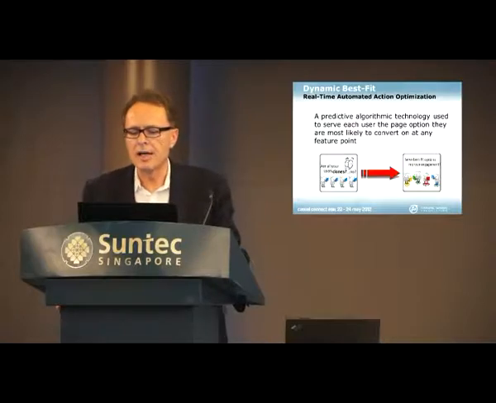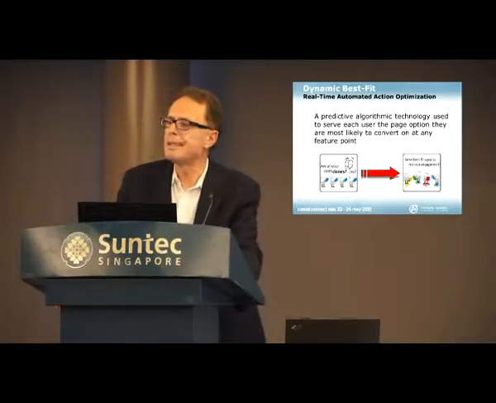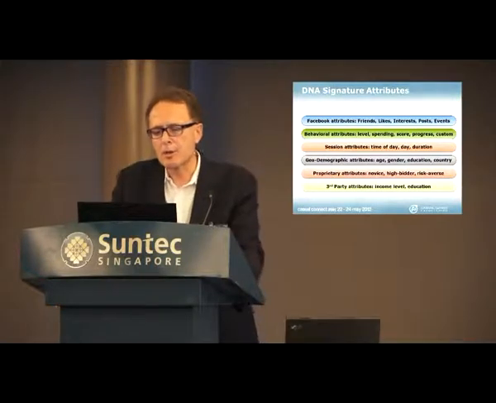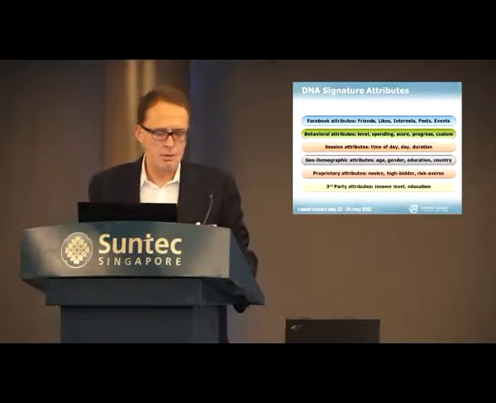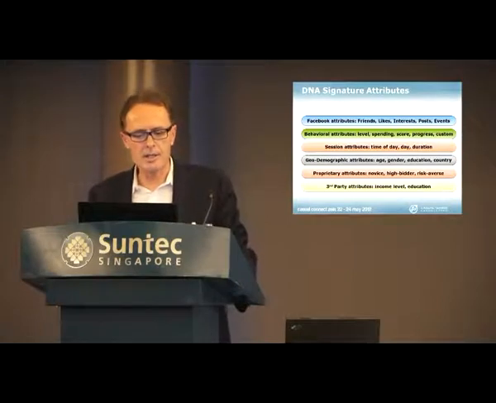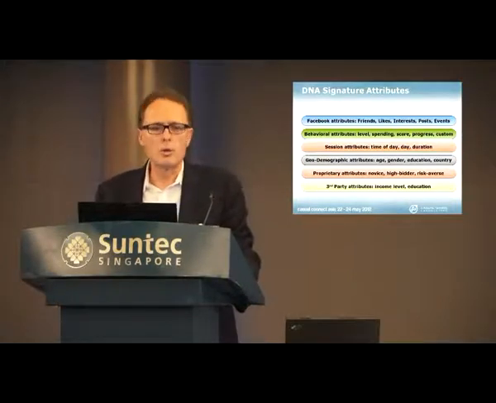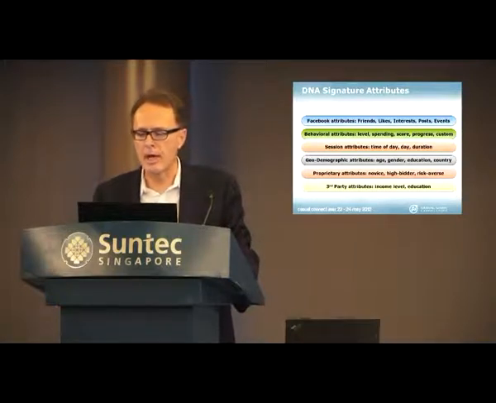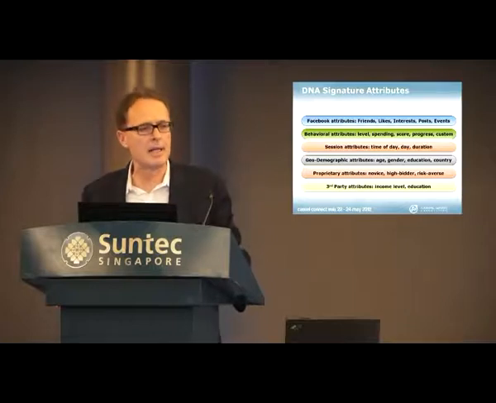First, we need to define what DNA signatures are and what user attributes make up DNA signatures. So take a close look at these. It can include quite a broad range: behavioral, social, session, geodemographic, proprietary, third party, and any combination.